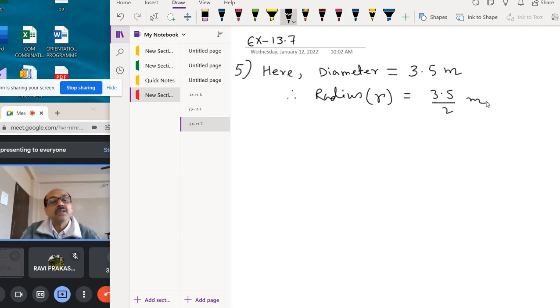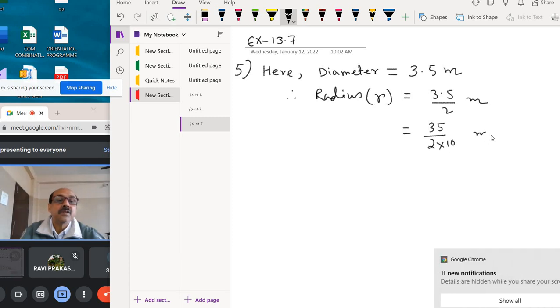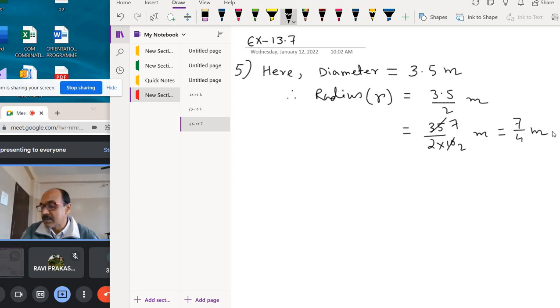Okay, so we can write 3.5 as 35 by 2 into 10. 5 7s are 35 and 5 2s are 10, equal to 7 by 4 meters. Okay, this is the radius.